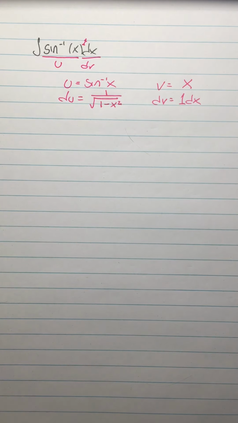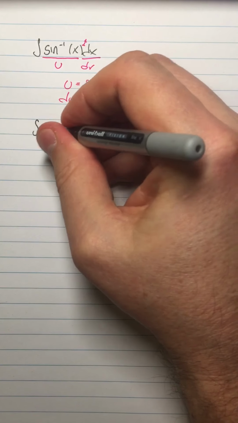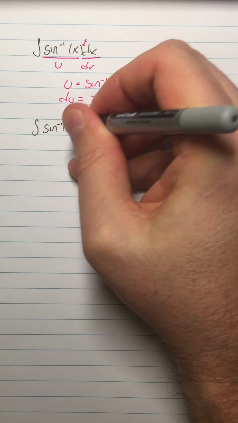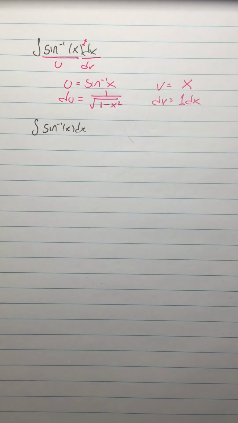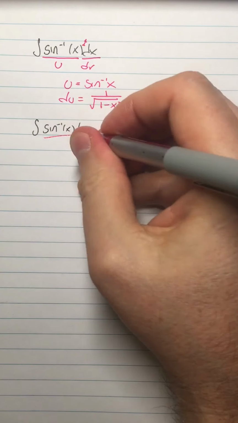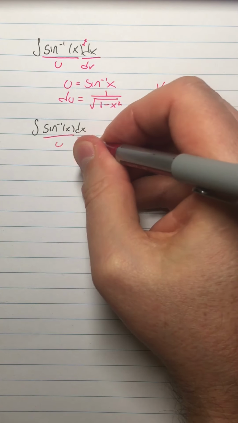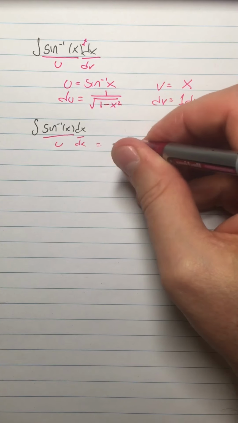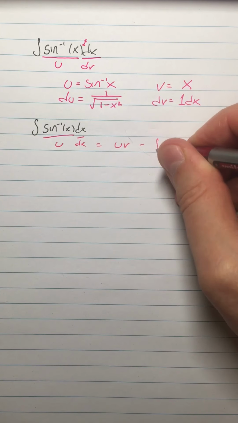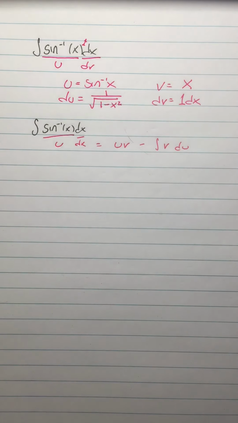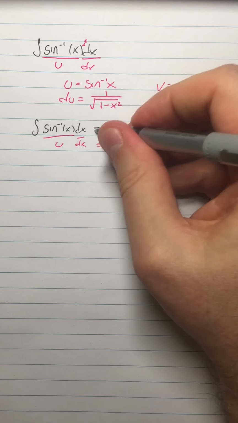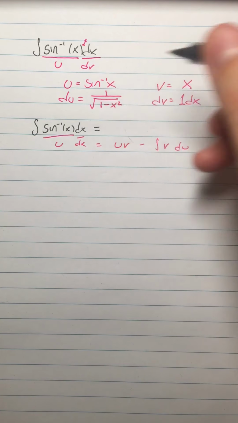So then, when I go to write my integral of inverse sine of x dx, and I think of my integration by parts formula as the integral of u dv is equal to uv minus the integral of v du, that means uv is going to be inverse sine of x times x.